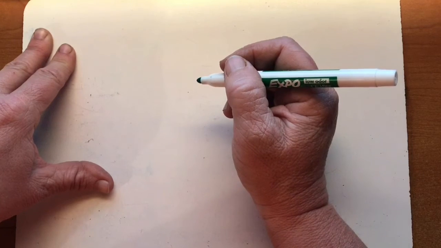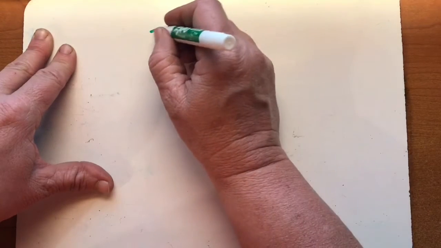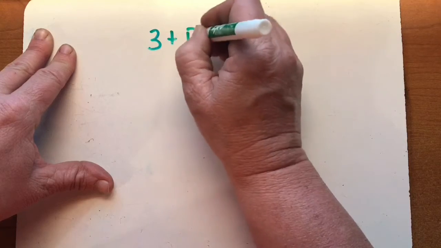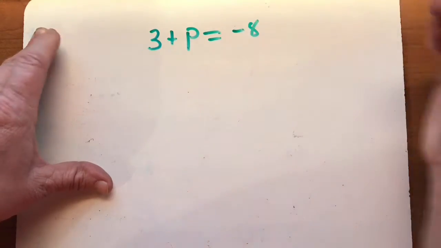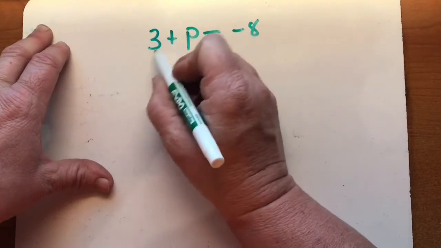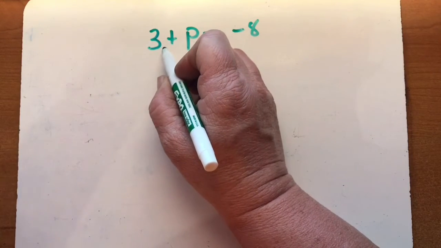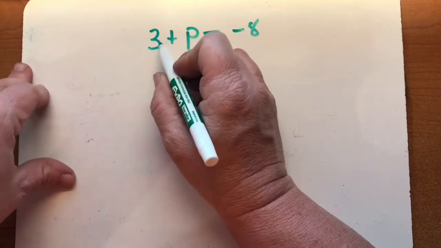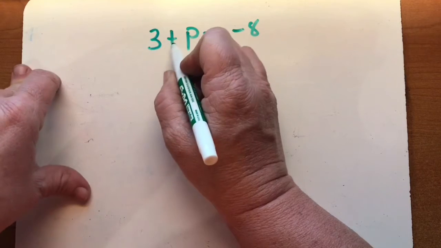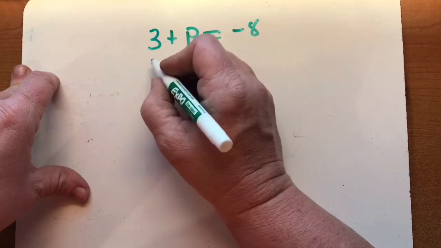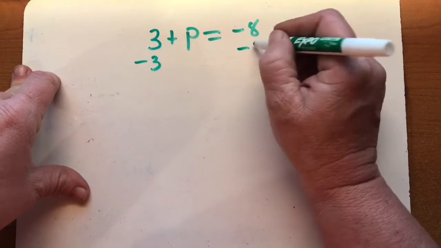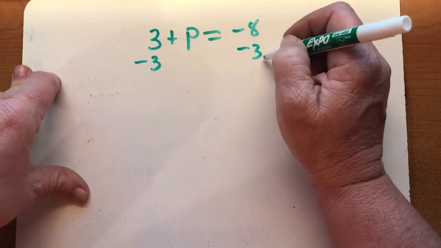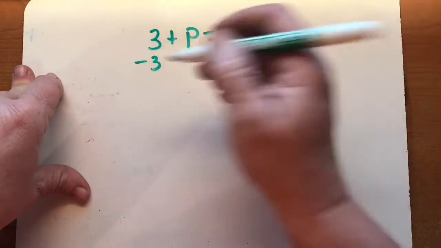Even if it equaled a negative, people don't make the mistake as much here. They know they're going to subtract 3, whether they look at that or whether they look at the sign. And if I subtract 3, subtract 3, the only difference is here, I've got negatives going on, and that's okay.